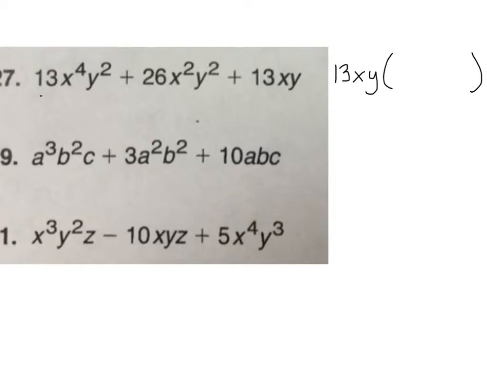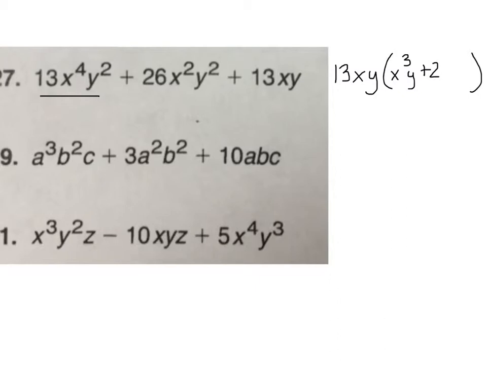So what's left in the first term once you take out a 13xy? Notice that I took out one of the x's, didn't I? And so you're going to end up with x cubed y, right? Plus, when I take 13 out of 26, what do you get? 2. Not 13, you're not subtracting.